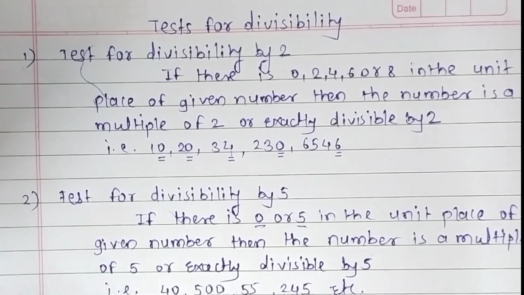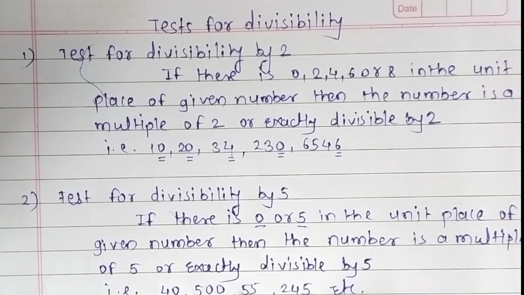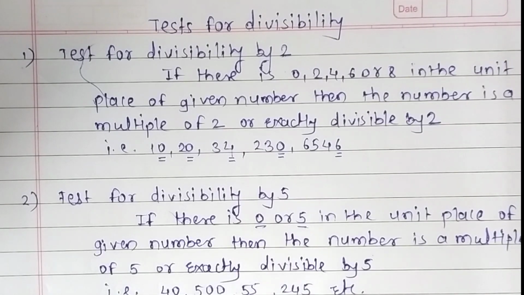These numbers are exactly multiples of 5 or divisible by 5 because they have 0 or 5 in the unit place. Whichever is in the unit place of the given number, that number is exactly divisible by 5.